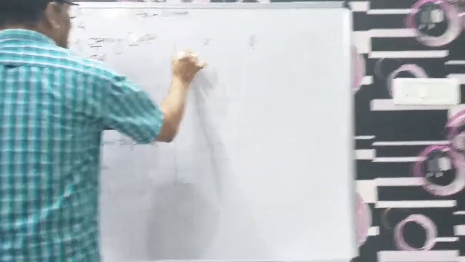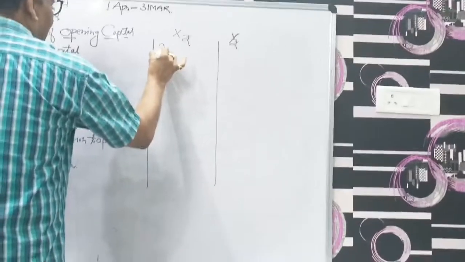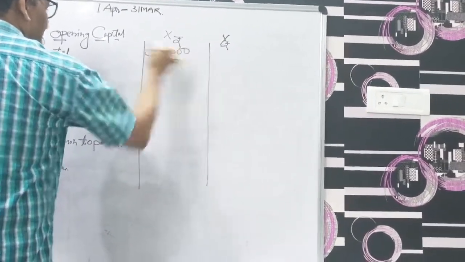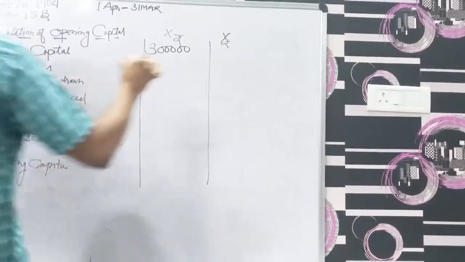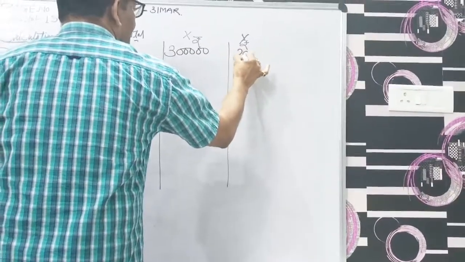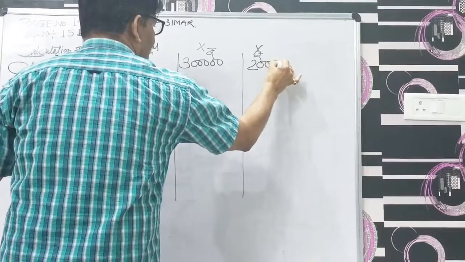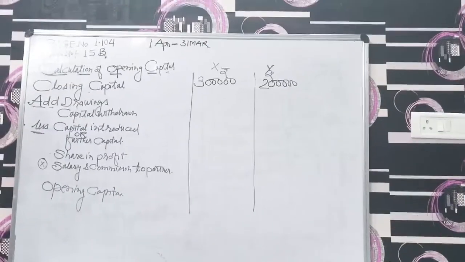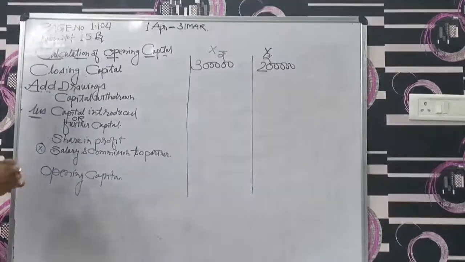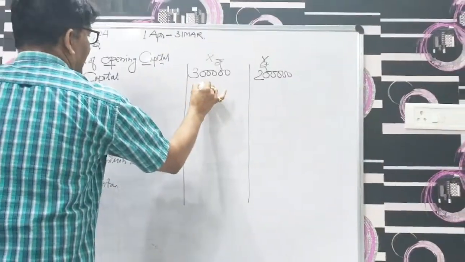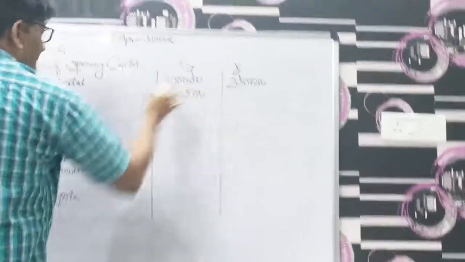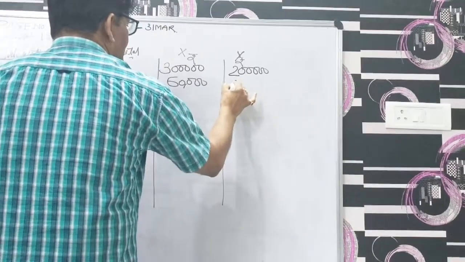So we have to write closing capital of X 3 lakh rupees, closing capital of Y 2 lakh rupees. The amount of drawing, 60,000 for X and 40,000 for Y, so it would be added.